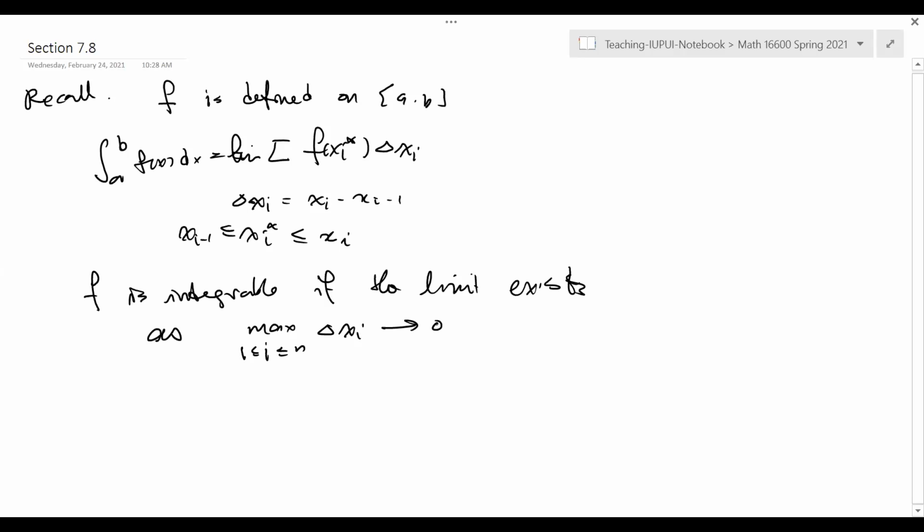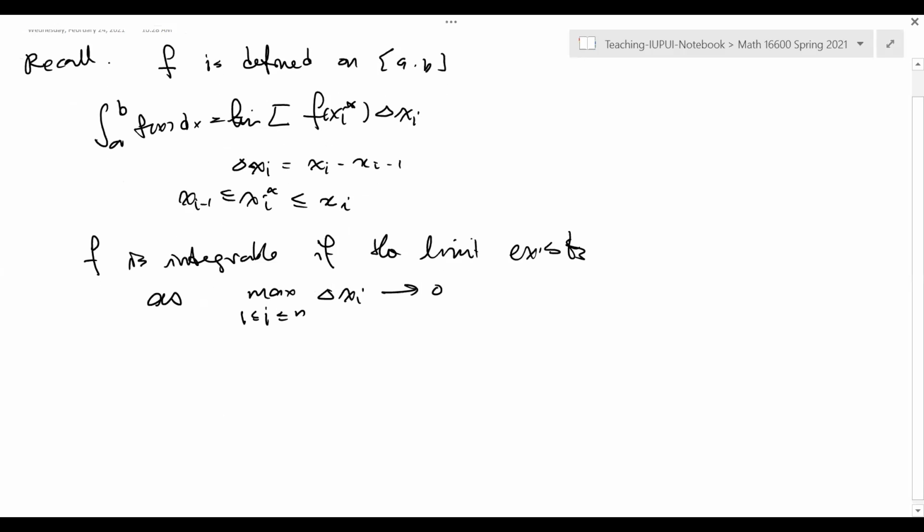There are so many choices for the partition of the interval, but if the size of the subinterval uniformly approaches 0, then the Riemann sum, with an arbitrary choice of the points xi star, approaches the same number. Then we say the function is integrable, and the integral of the function is that limit.